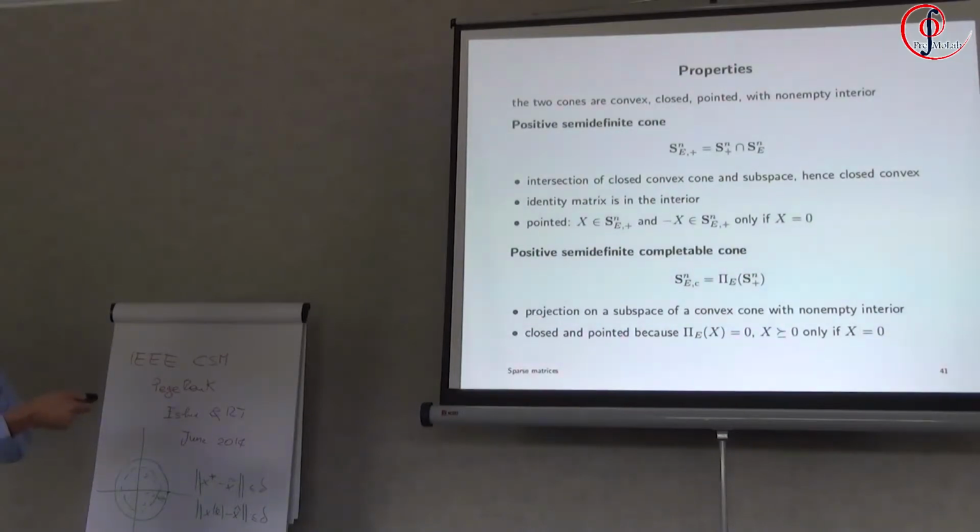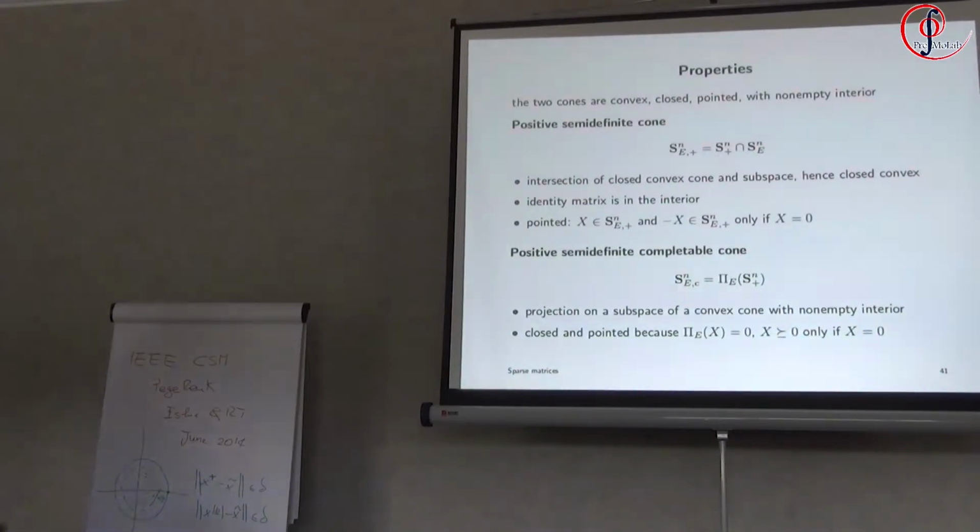They're also closed, convex, pointed with non-empty interior, and for the most part that's obvious, except possibly that the positive semi-definite completable cone is closed because it's a projection of a closed cone on a subspace. And it's always true that the projection of a closed cone on a subspace is a closed cone.